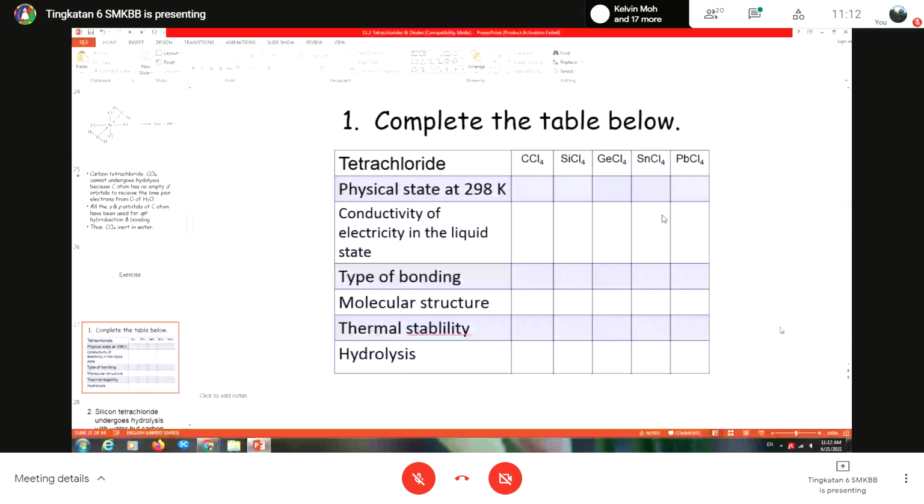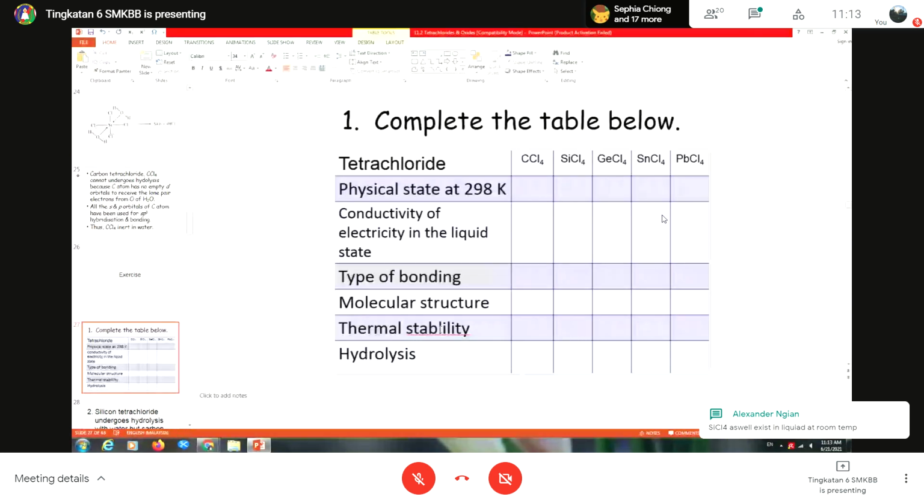Silicon tetrachloride, germanium tetrachloride, tin tetrachloride, lead tetrachloride. How about Ge, Sn, Pb? Answer for the whole row.